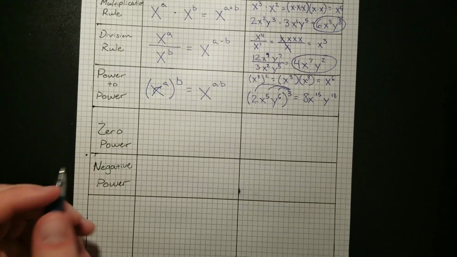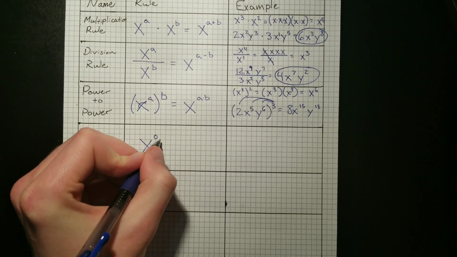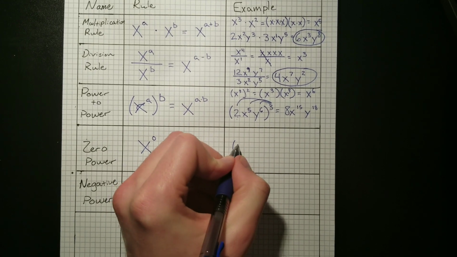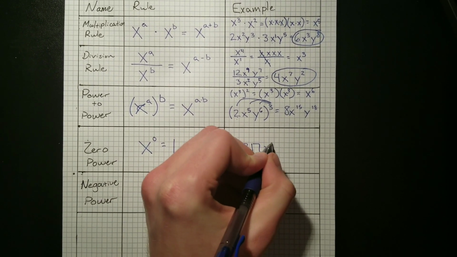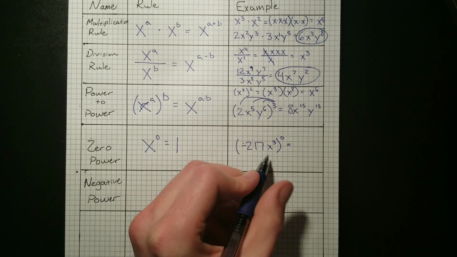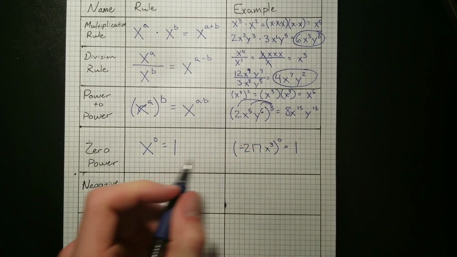The other two are things that you've seen before. So 0 powers, anything, x to the 0, well, that's going to be 1. We talked about that yesterday. That can be anything. So if you had like negative 217 x to the 3rd, all to the 0 power, well, there's a lot of stuff in there, right? But anything to the 0 is just 1, so we can just do that.